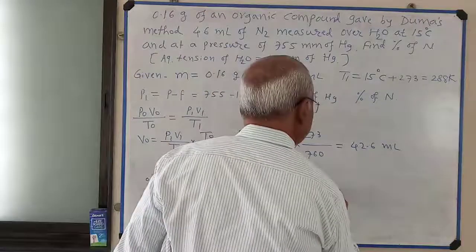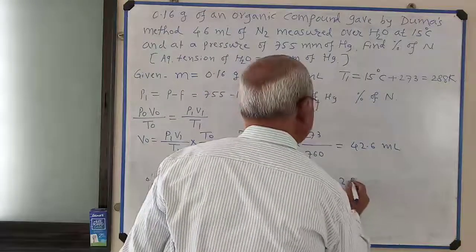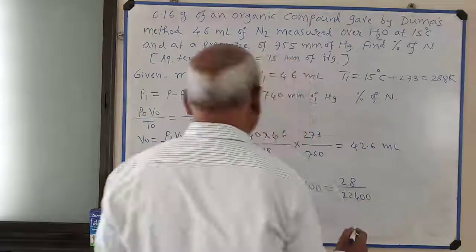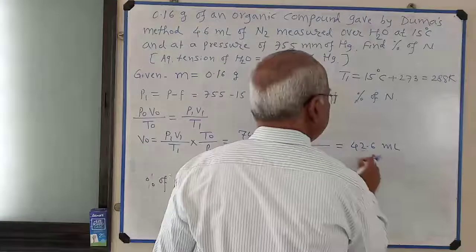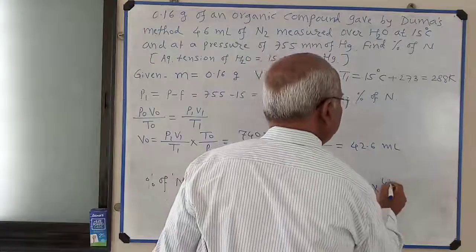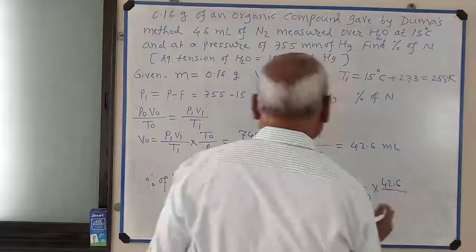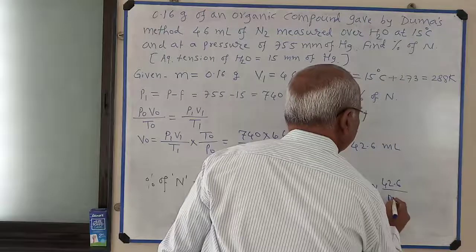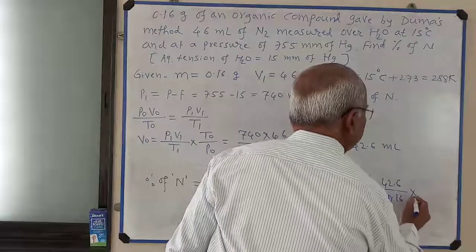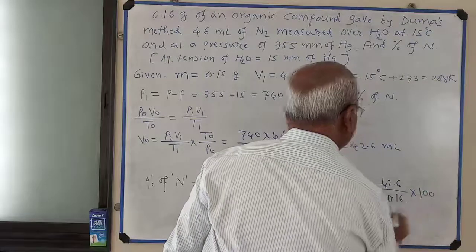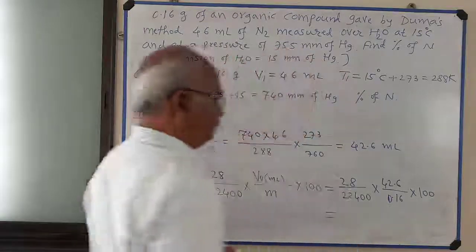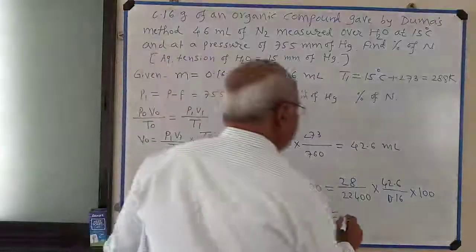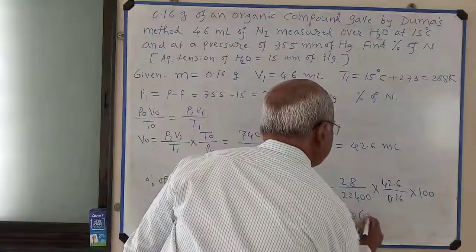I substitute the values: 28 divided by 22400 into 42.6 upon m, which is 0.16, into 100. Simplify this and calculate the answer. The answer is 33 approximate.